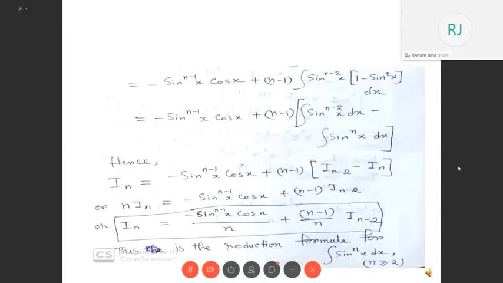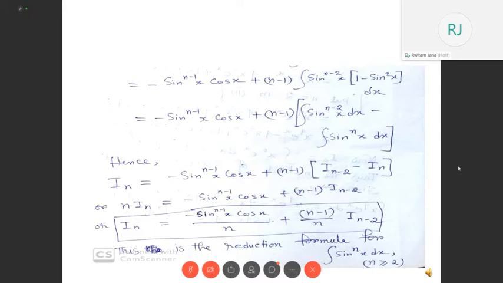Multiplying that out, you get the integral of sine n minus 2 x dx minus the integral of sine to the power n x dx.